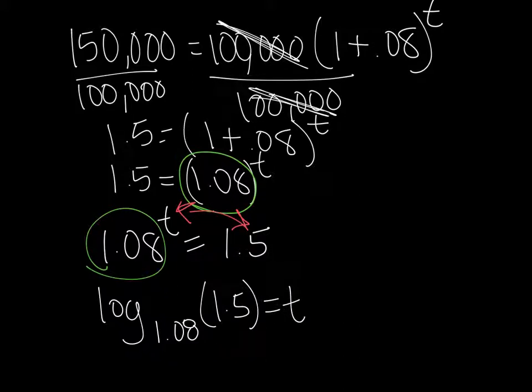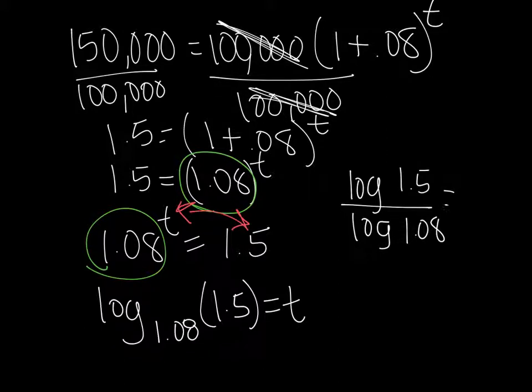Then this right here is change of base. So we go log over log, and the base number, which is this one, goes on the bottom. So you have 1.08 on the bottom, and you have the 1.5 on top. When you type that in the calculator, it's going to equal whatever T is.